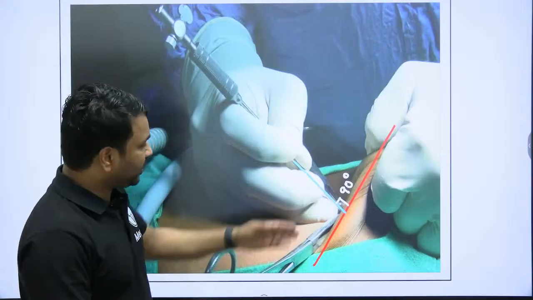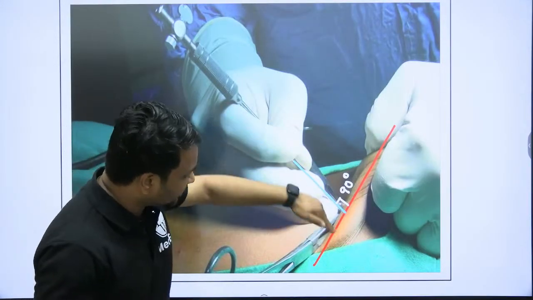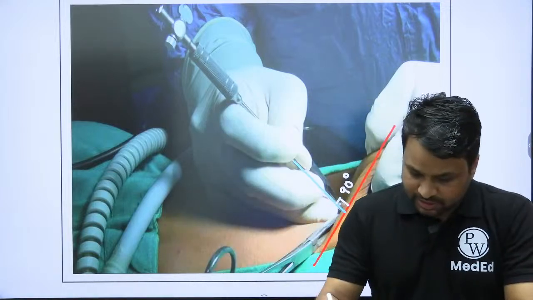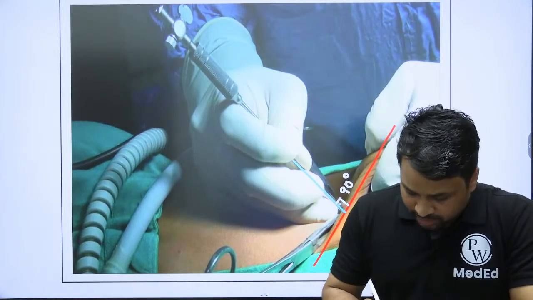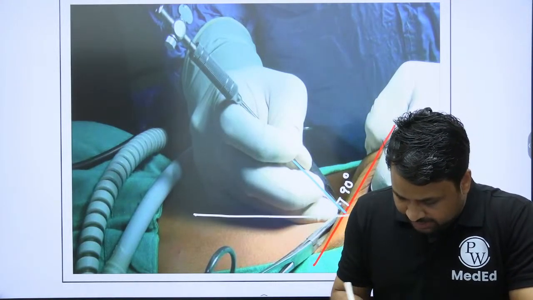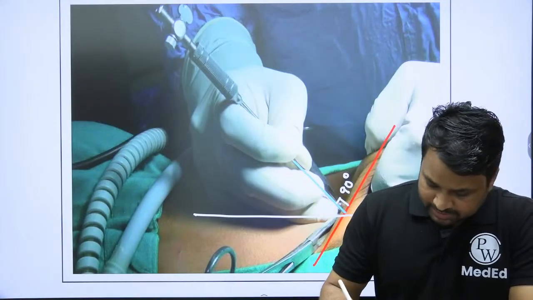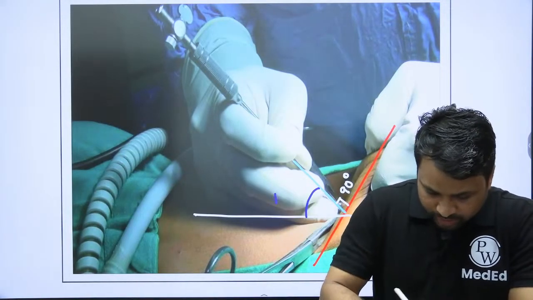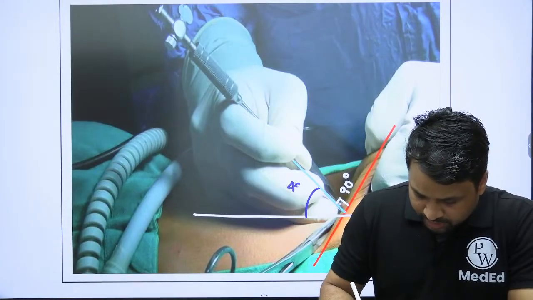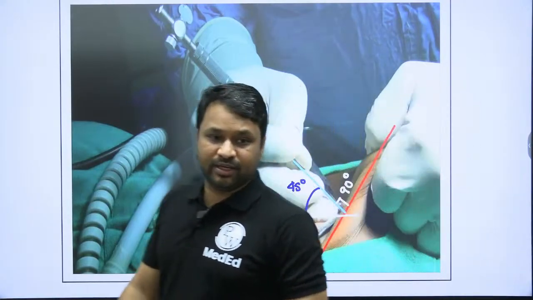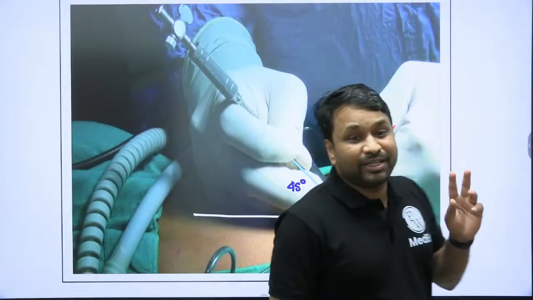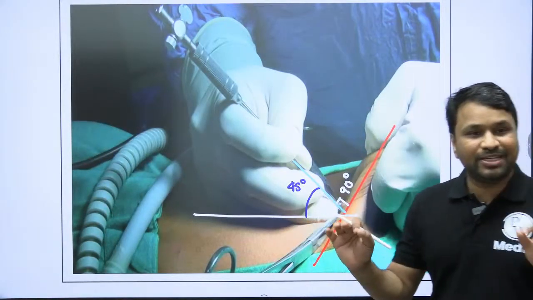Now you will see, this is the axis of the skin, this is the axis of the Veress needle. If I say the body axis, if I just take it here only, if you look at the body's axis, this is how the body's axis is there. This is the angle between the needle and the body. The angle between the needle and the body is 45 degrees, but the angle between the needle and the skin is 90 degrees. I hope everybody is clear with this point.